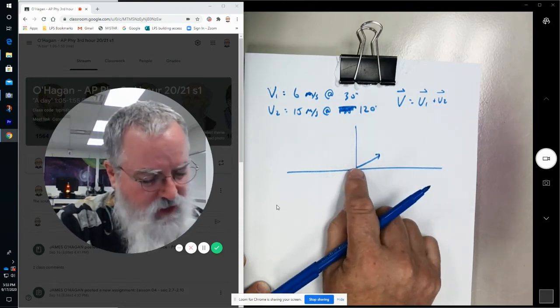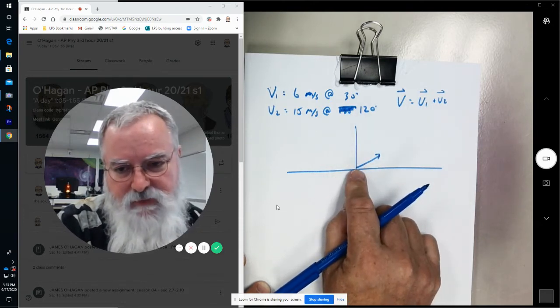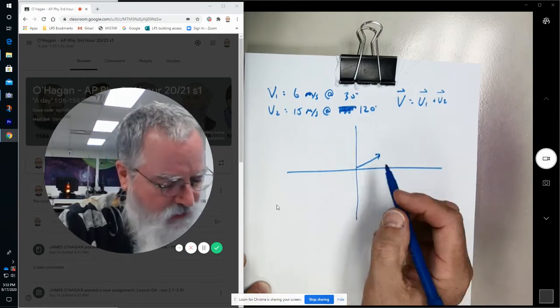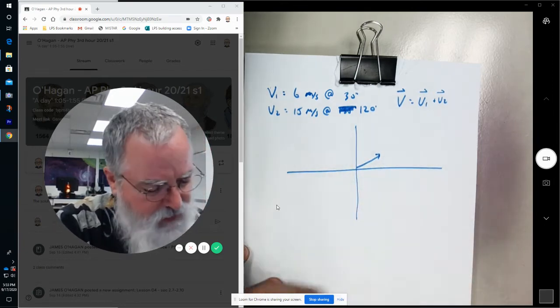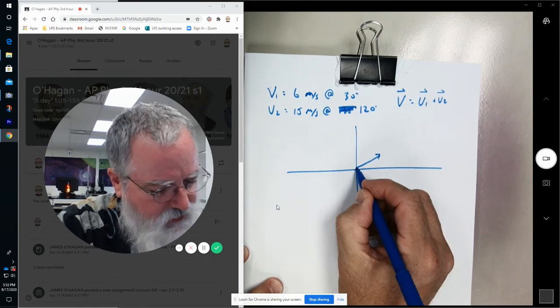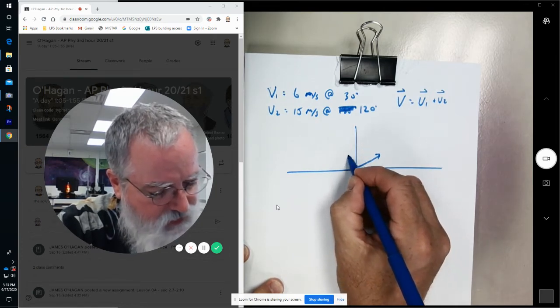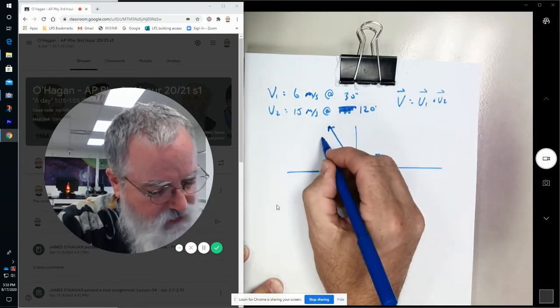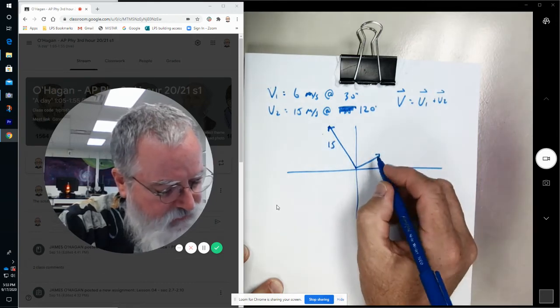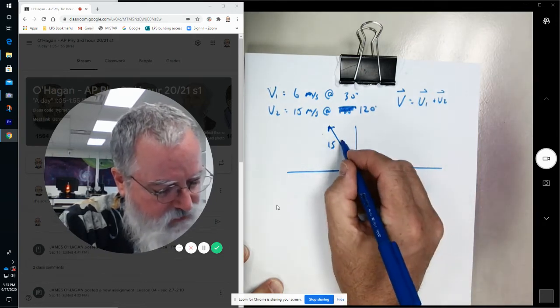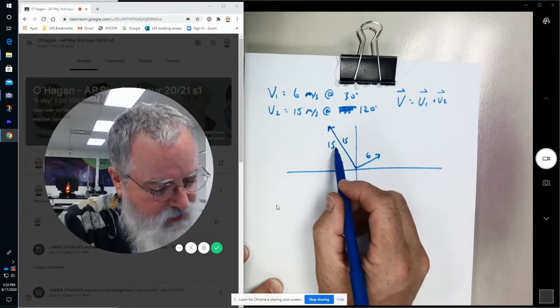When you think about forces, you always think about them coming from the same spot. My second vector is longer, and it's up this direction. So this is 15, and this one is 6.